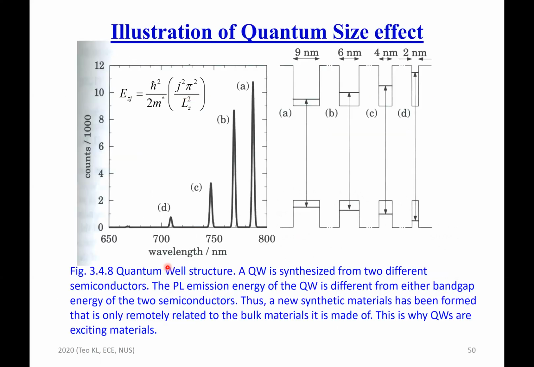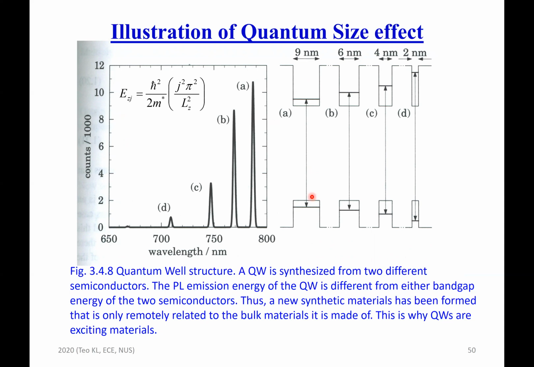Let us look at the quantum size effect by changing the size of the quantum well. This is a photoluminescence emission of the quantum well, or you can see it also as an absorption. Now, the well width here is 9 nanometer.